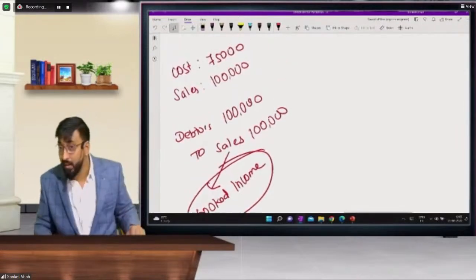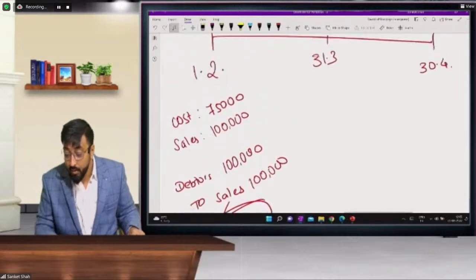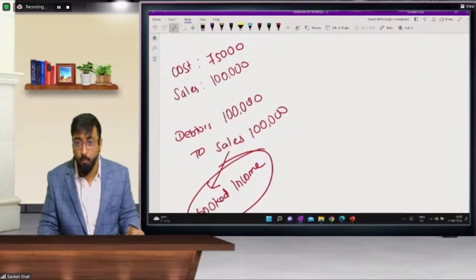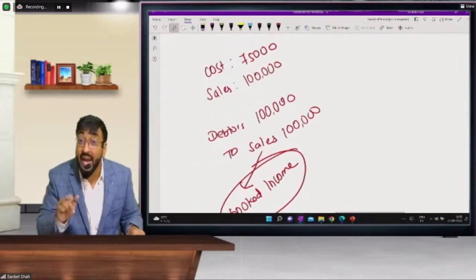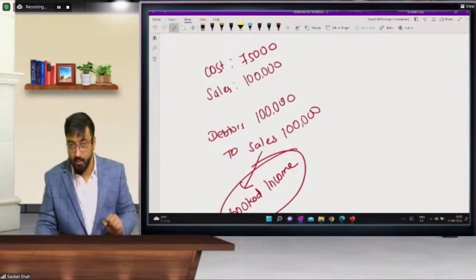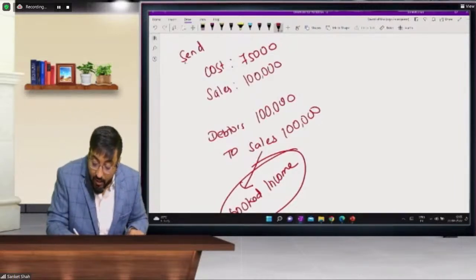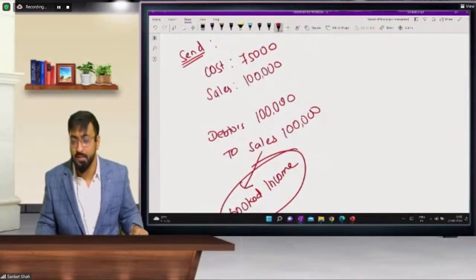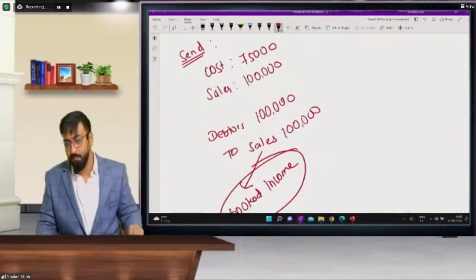But whether this is my original income? No. I passed the entry due to the casual approach. The casual approach says whenever you are sending goods, you pass the entry, debtors to sales, and you book your income.